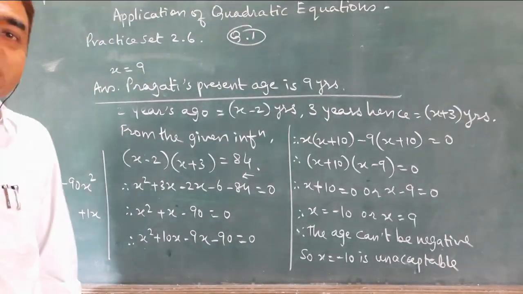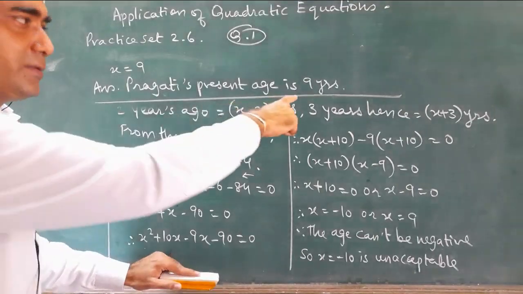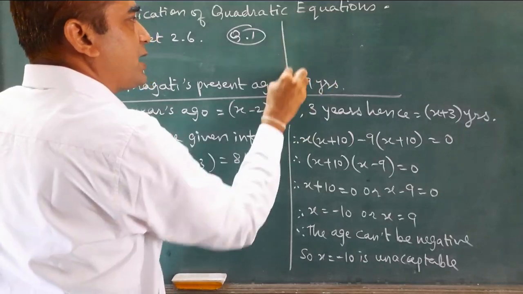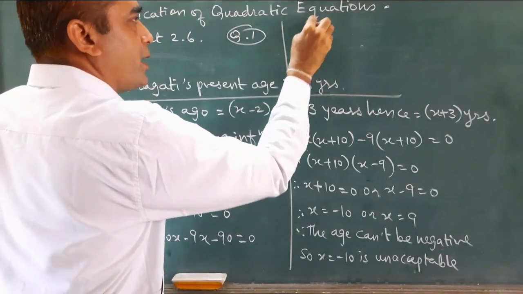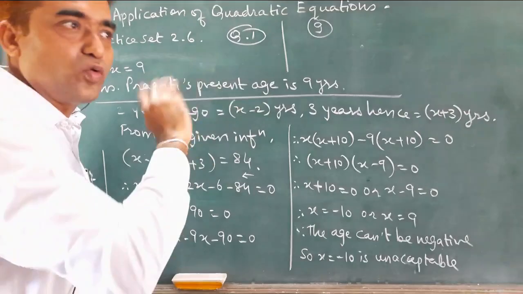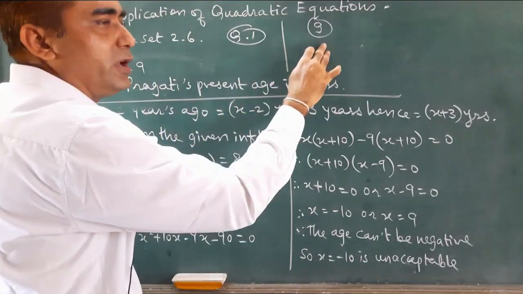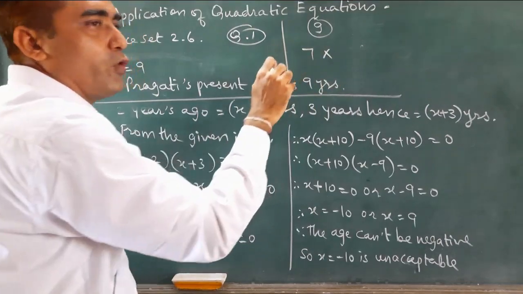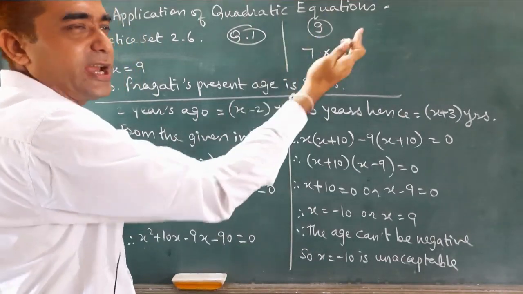Now let us verify this answer. हम इसको verify करेंगे. Now we are saying that present age is 9 years. If present age is 9 years, then what was her age 2 years ago? It was 9 minus 2, that is 7 years. And what will be her age 3 years hence?